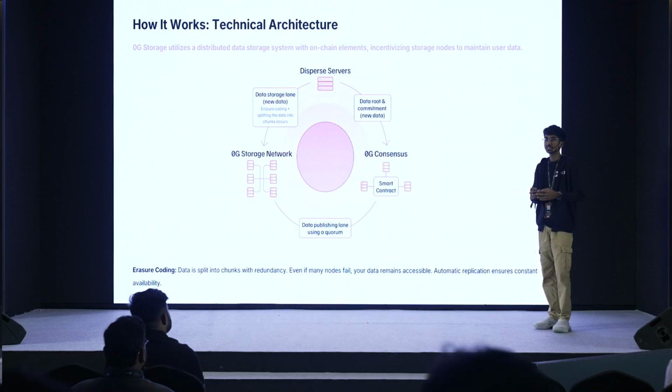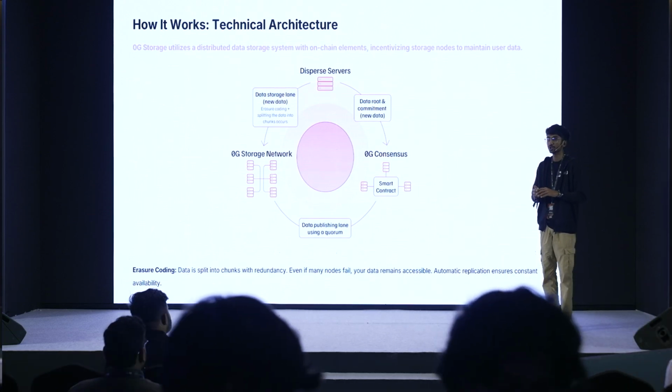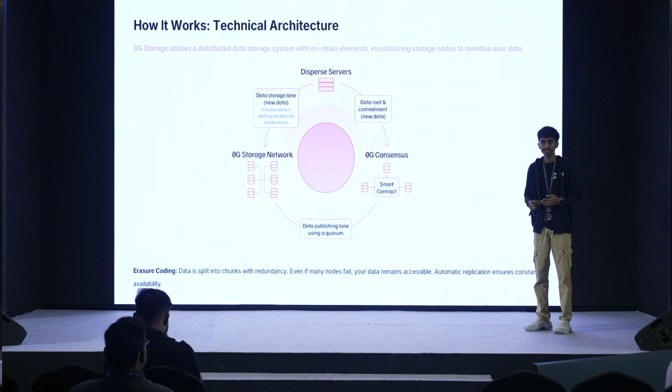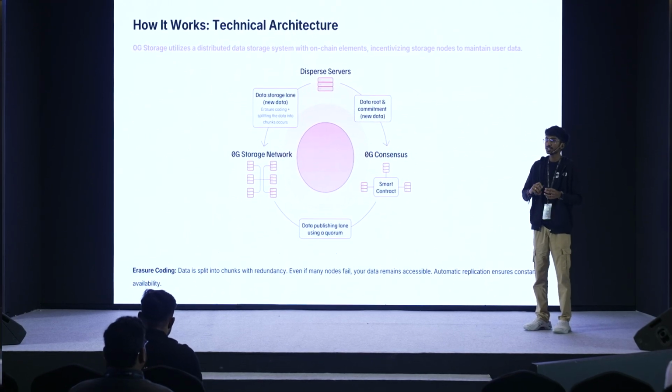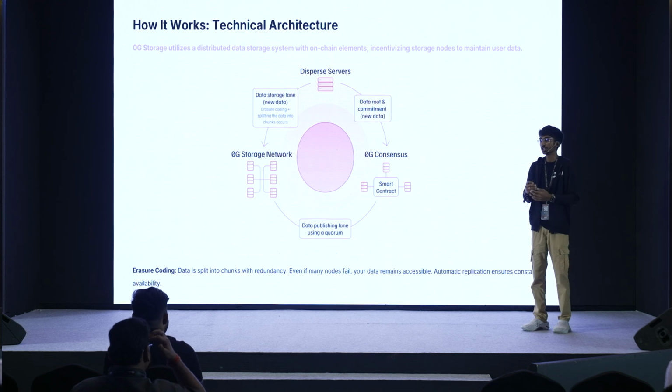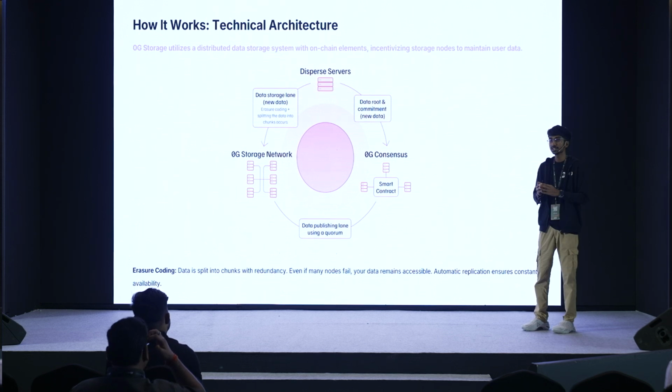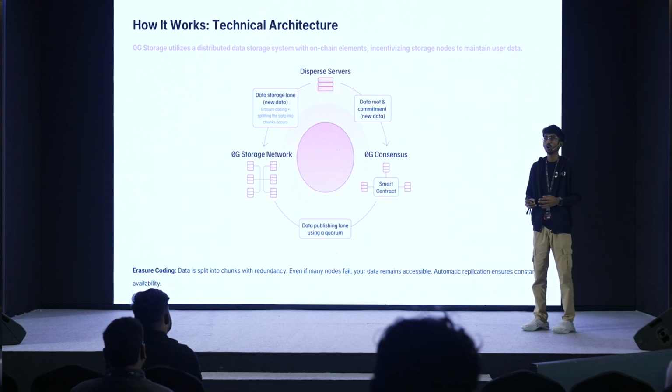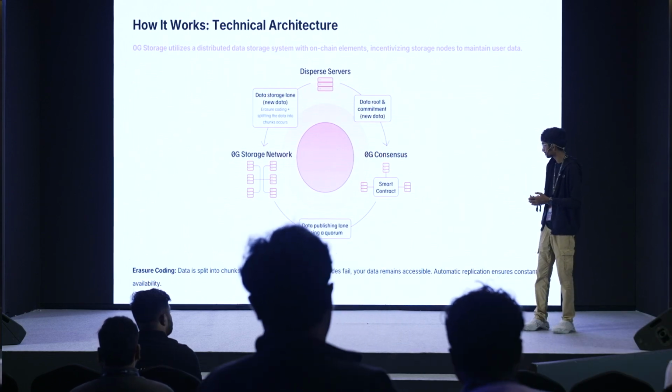After that, the nodes sign the data, and all the signatures together form a Merkle tree. The Merkle root is published, as data root commitments, on Zero-G's chain, and the consensus verifies it. When you do this simultaneously, you split the execution and the settlement part of Zero-G's storage.